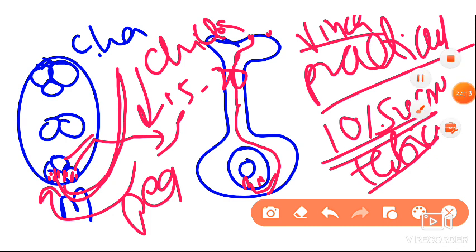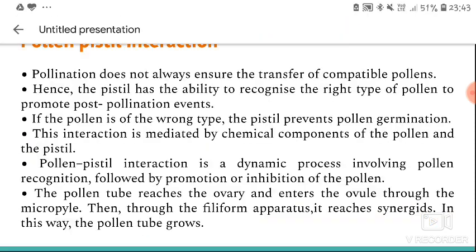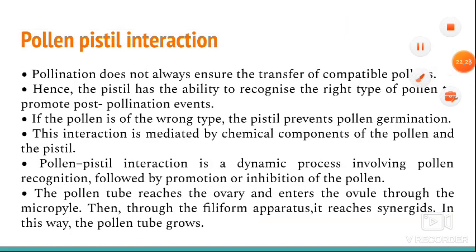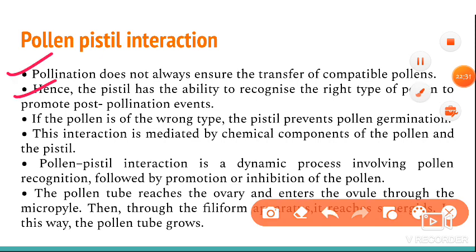Okay students, this is all about the pollen pistil interaction that we studied till now, and I have given some points here. These are all the points I explained, and for further information you can refer to other books or to NCERT. NCERT is also very nice.